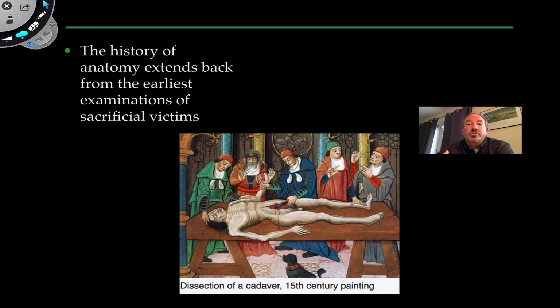But what was more interesting was that sometimes they took the body and displayed it after the contest, and people were more interested in the internal organs of the body. It's pretty interesting. And so sacrificial victims were then cut open, and we begin to use the scientific method to understand what these structures actually do.